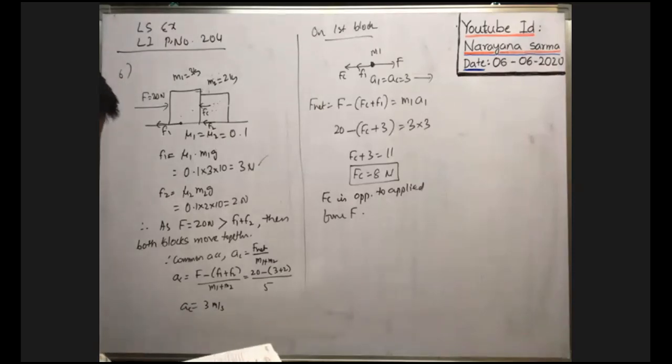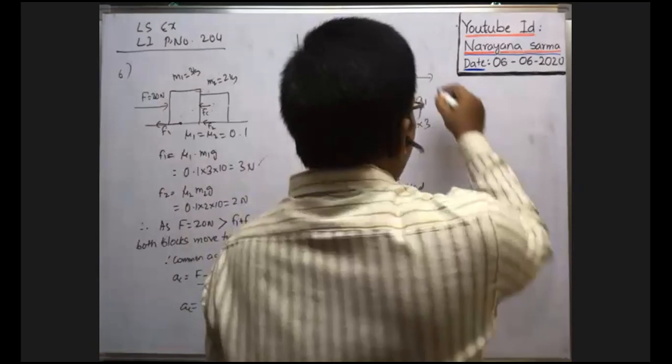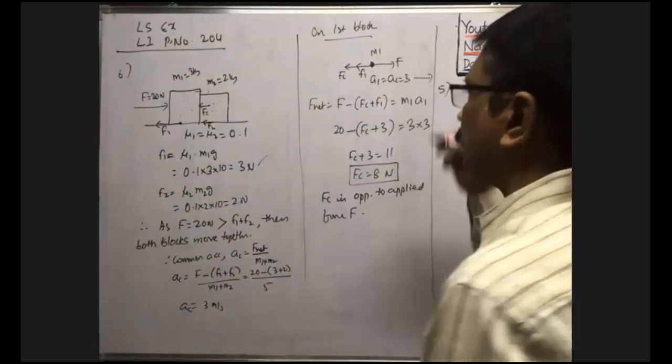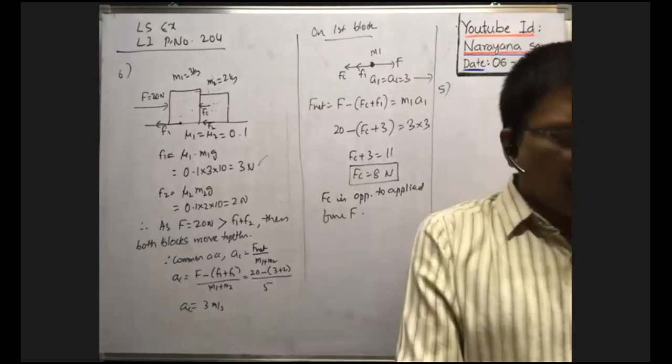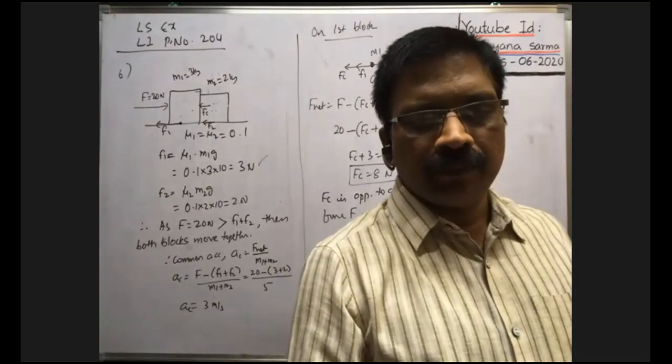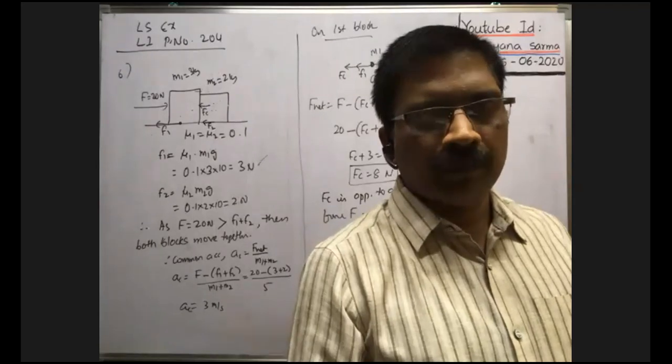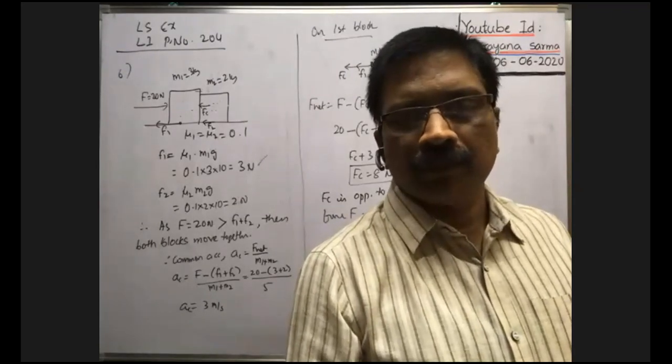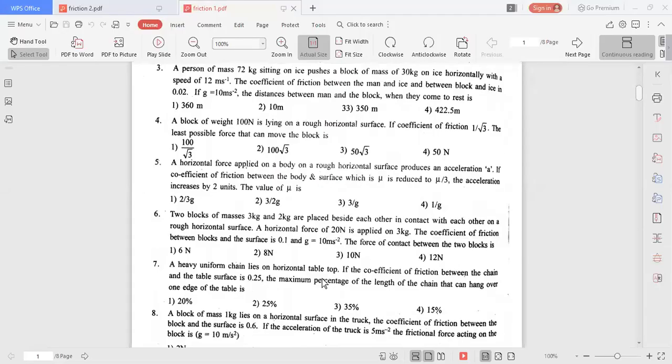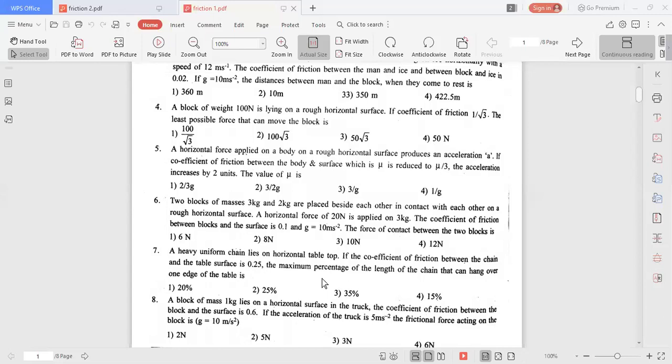Fifth problem I want to say, because the fifth problem is very, very important. It was previously asked as a question in mains. The fifth problem is also an important one. All of you read the fifth problem. For which problem?